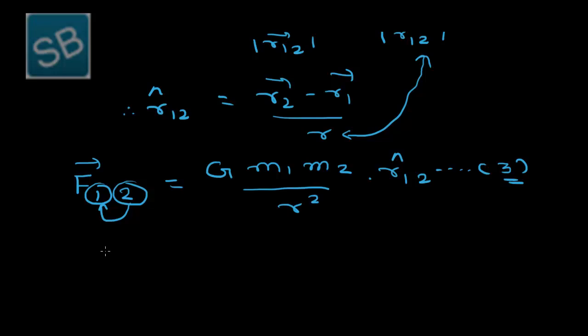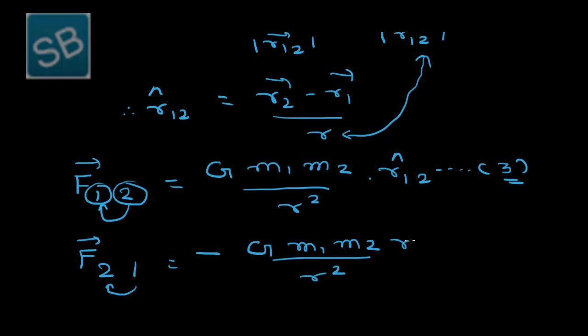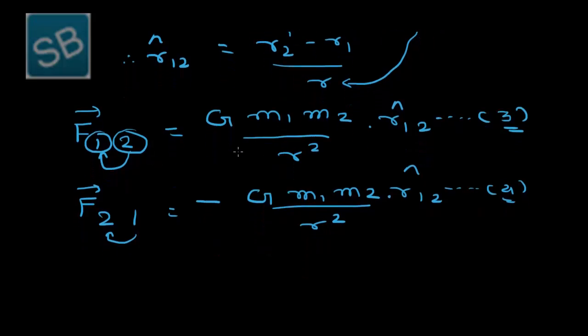Now if you want to find the force exerted on particle 2 by particle 1, it is very easy to determine, but it has the negative sign, and this negative sign comes from the vector notation used over here. Because you have to put the r21 vector, but instead of r21 I put the r12 vector, and that's why this negative sign comes, and it is also in the opposite direction to F12.